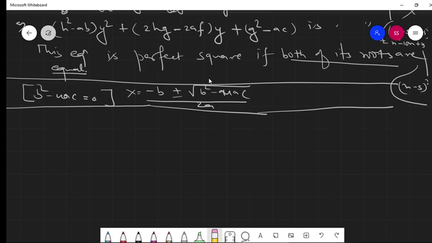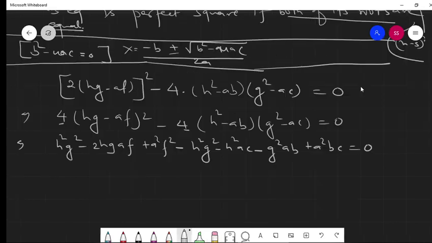So we can apply (a minus b) whole square here: h square g square minus 2hgaf plus a square f square minus 4 is already gone here. This is h square g square and h square g square. Then h square minus ac times g square minus ab gives minus h square ac, minus g square ab, plus a square bc, equal 0.